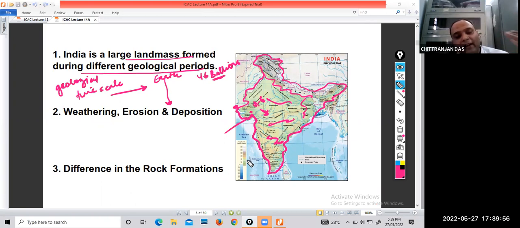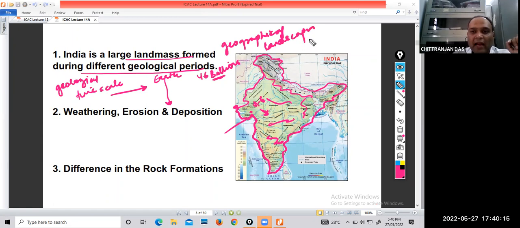Different things were happening in different parts of the country, therefore different geographical landscapes have come into existence. So first, different features came into existence in different geological time periods.